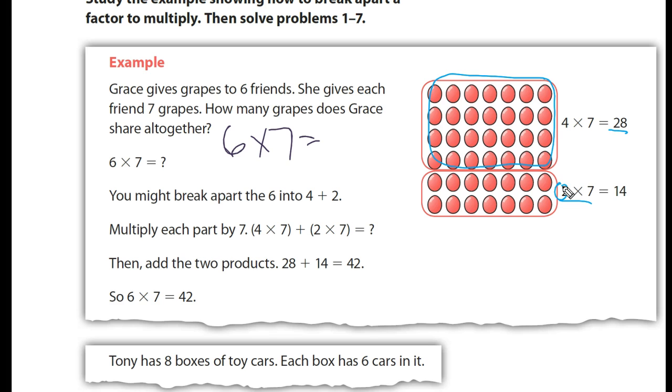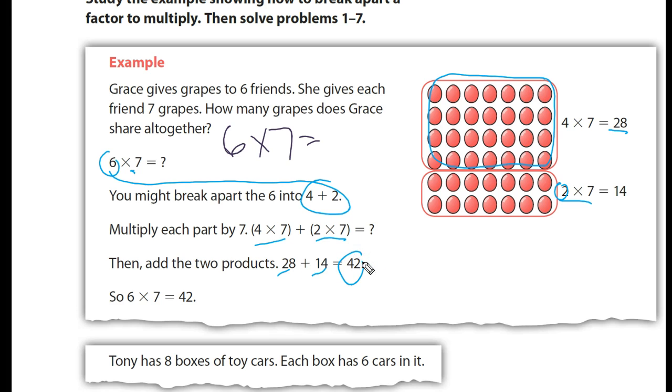So 2 times 7 is 14. So what they did was instead of decomposing 7, they decomposed 6 into what 2 numbers? 4 and 2. And they took 4 and 2 and created 2 multiplication equations. So then it just went 4 times 7 is 28, plus 2 times 7 is 14, and they got 42.